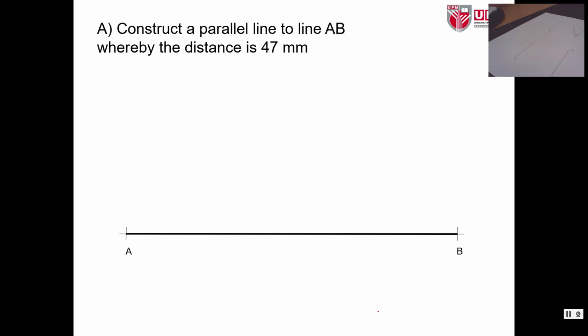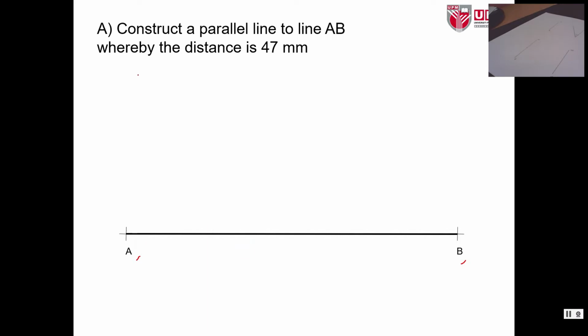So I'm just going to show you the animation on how to do a parallel line. What you need to do is to draw a line from point A to point B first. You just give the distance according to your own preference, maybe like 50 mm.